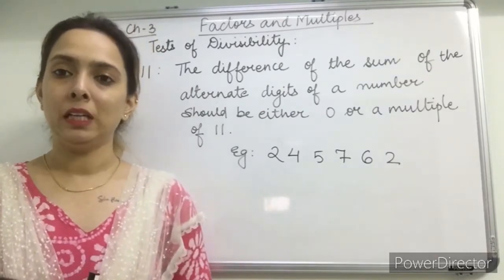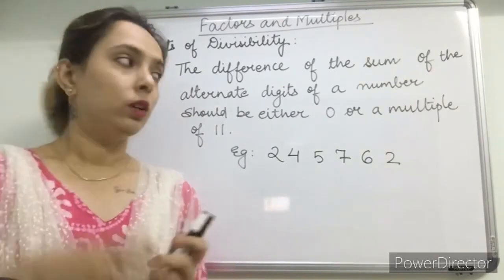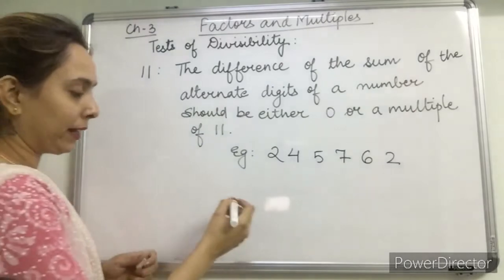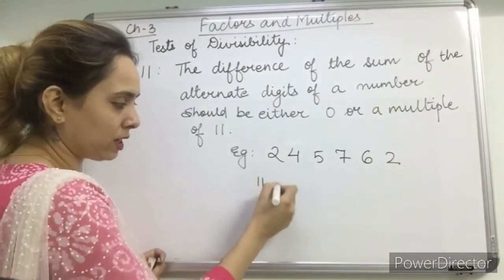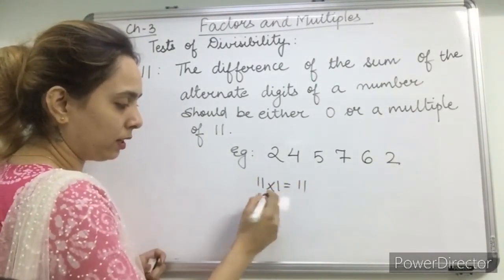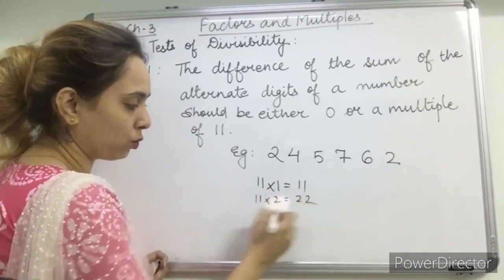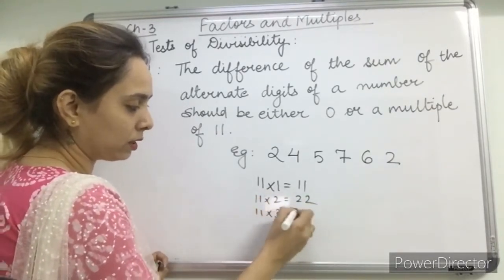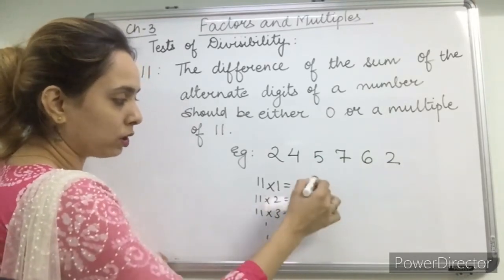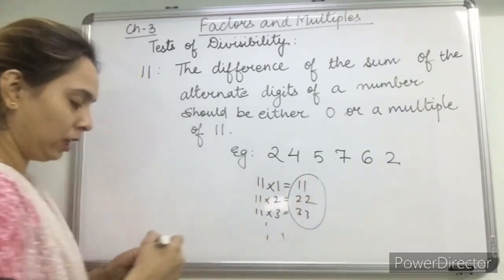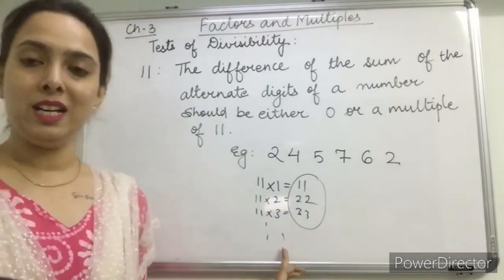Multiple of 11 means, suppose here I am writing the table of 11. 11 ones are 11. 11 twos are 22. 11 threes are 33, and so on. So these all are the multiples of 11.